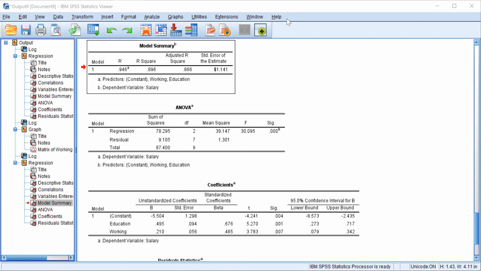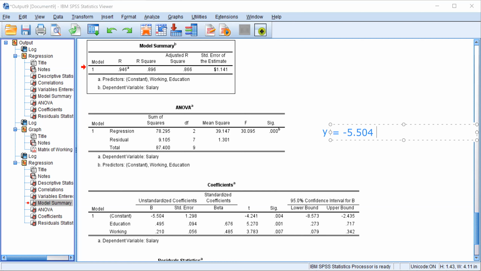This will look like, again, we use y prime equals the intercept, which is the average salary, including the two variables.